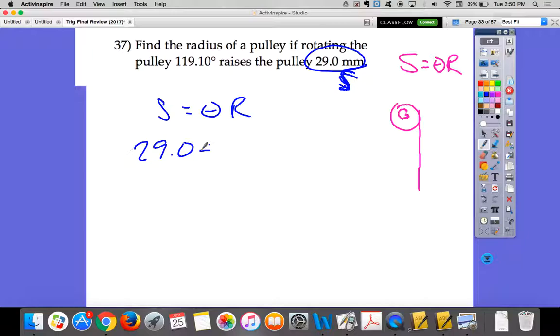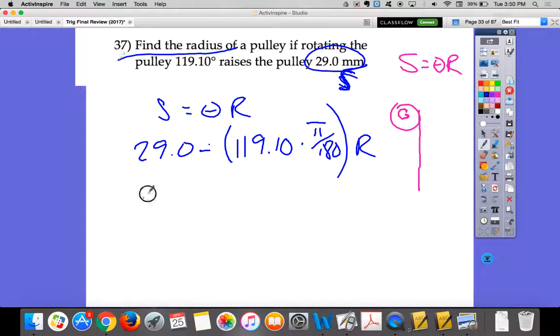We know our angle. It just happens to be in degrees, which means we have to convert, but that's no big deal. Just put your little conversion factor in there, and it wants to know what is your radius. So find the radius. Couldn't you just divide both sides by this massive thing?